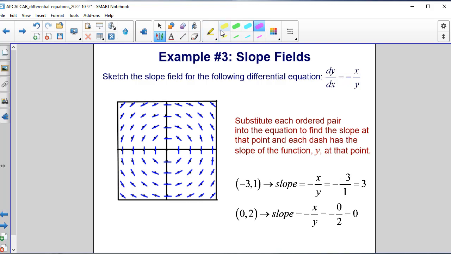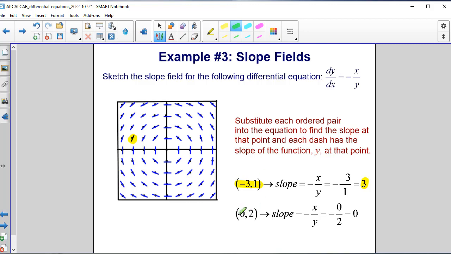If I consider the point (-3, 1) and plug it into our differential equation, negative x over y, we attain a slope of 3. And when I go over to the point (-3, 1), here I have a dashed line with a slope of 3.